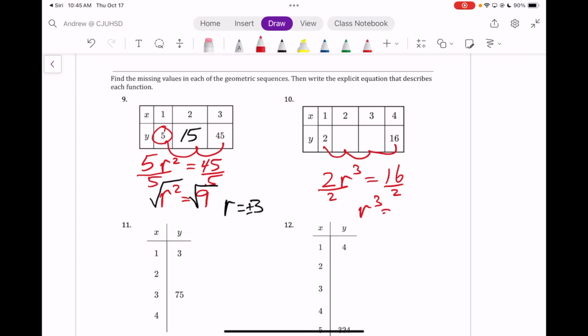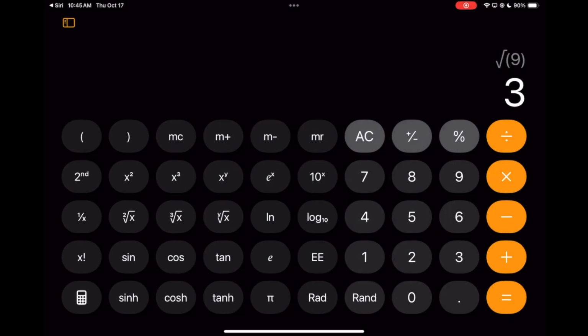Well, now we need a number multiplied times itself 3 times that gives you 8. That button is the button that has a root symbol and a 3 in the corner. R is 2.